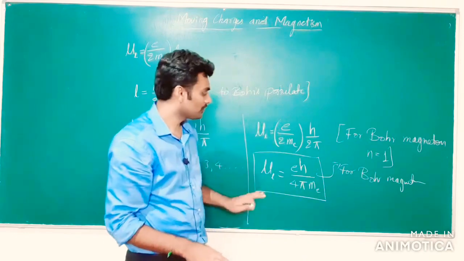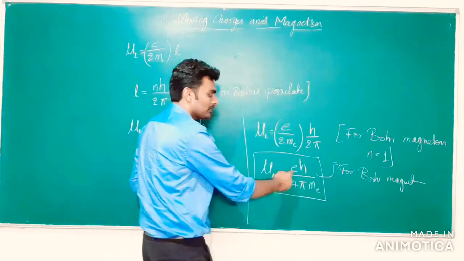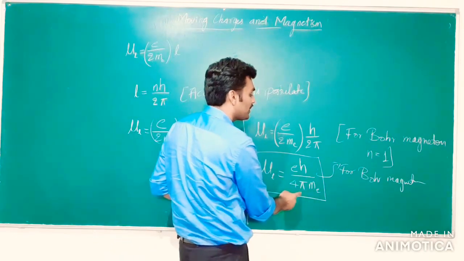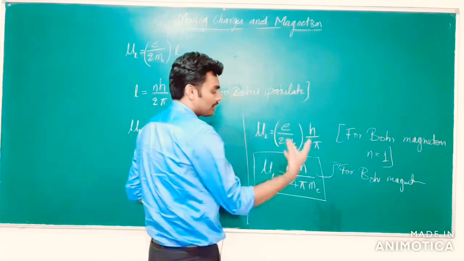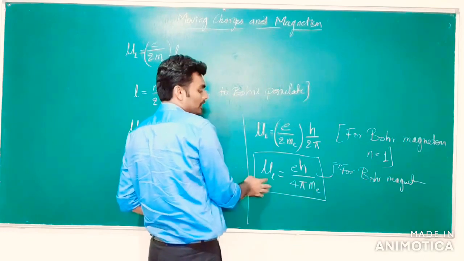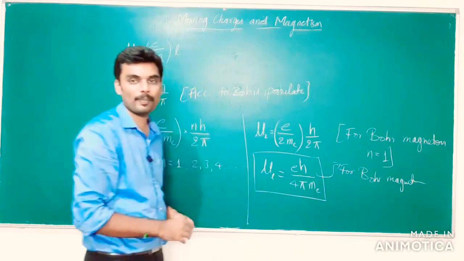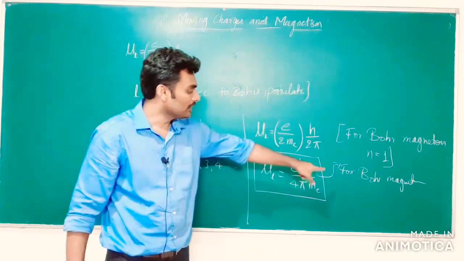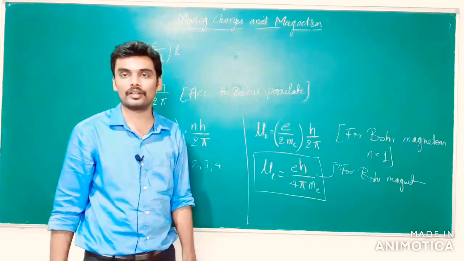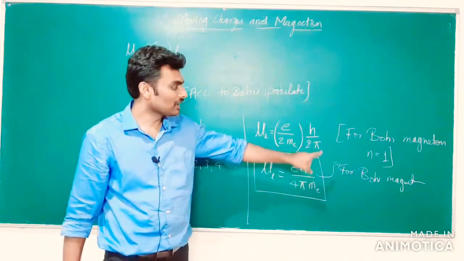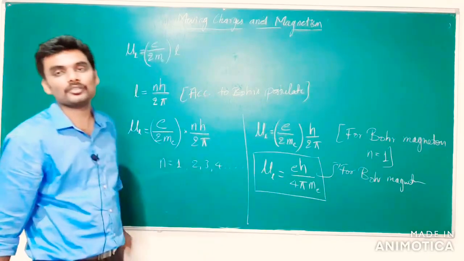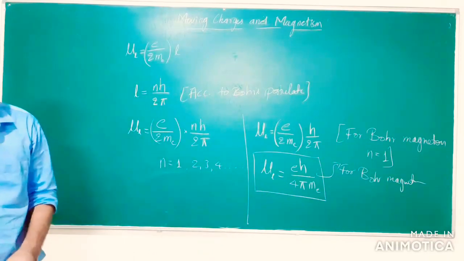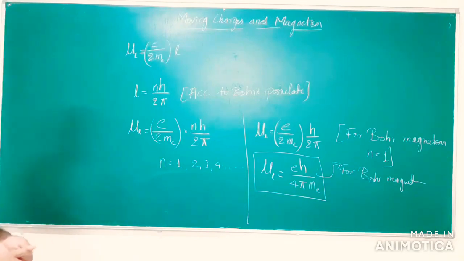It's a combination of constants, nothing else. e is a constant, h is a constant, me is a constant, pi is a constant, 4 is a number, it's also a constant. A combination of constants together giving the value of certain other constant, and this value is called Bohr Magneton. Bohr Magneton is particularly taken for the first orbit, n is equal to 1, and hence this is the final expression for Bohr Magneton, which is eh by 4 pi me.